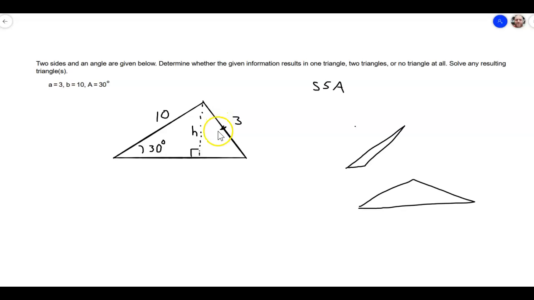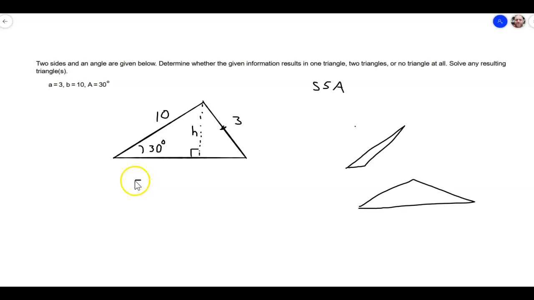So really, we need to take this length here and compare it to this height. So in order to figure out what this height is, I know this angle here. We have a right triangle here, and this height here is the opposite side of this angle, and this is the hypotenuse.